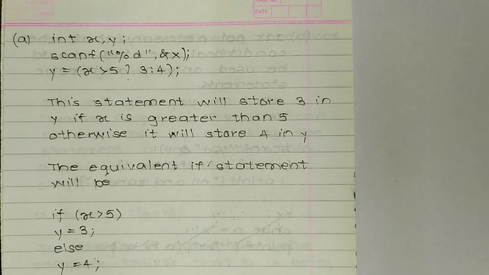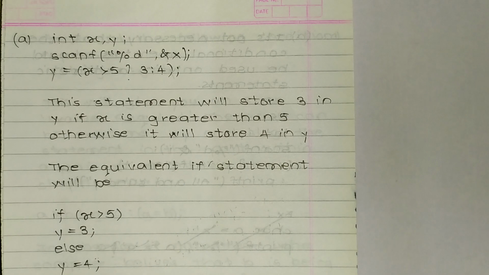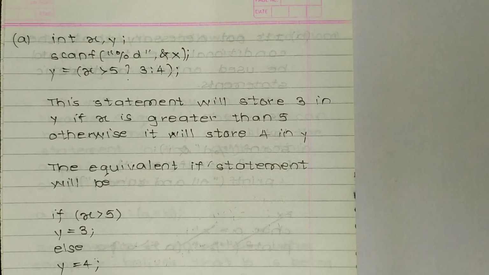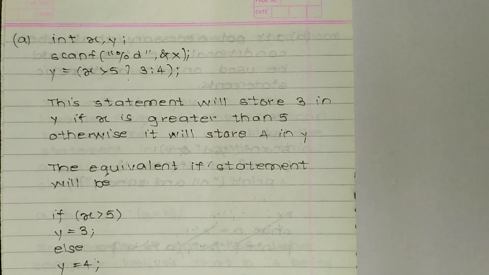Int x, y, so x and y are integers, then scanf %d, &x. y is equal to x greater than 5 question mark 3 colon 4.